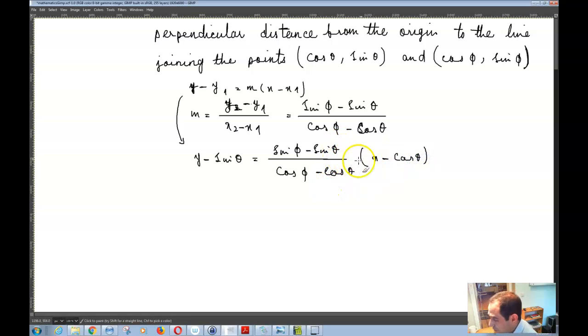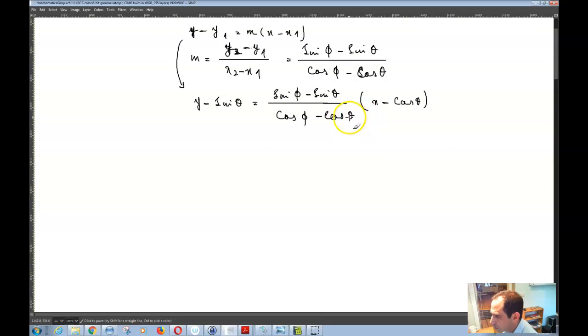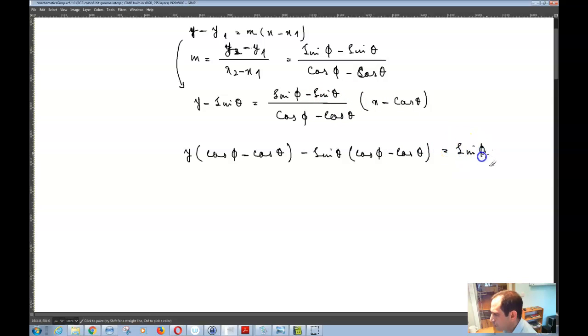Now to get rid of the denominator, you can multiply this equation by cos phi minus cos theta, which would be y minus sin theta times cos phi minus cos theta is equal to sin phi minus sin theta times x minus cos theta.